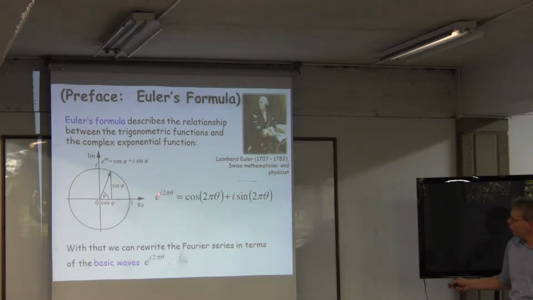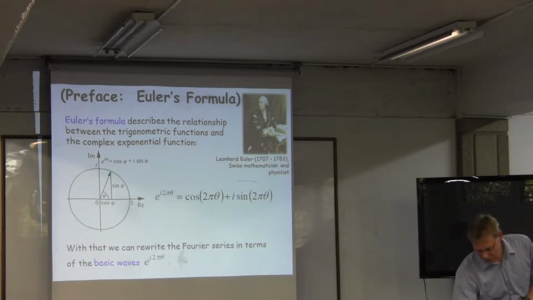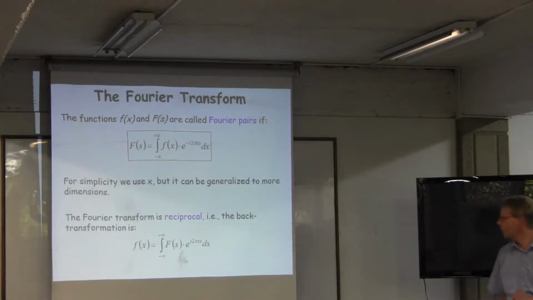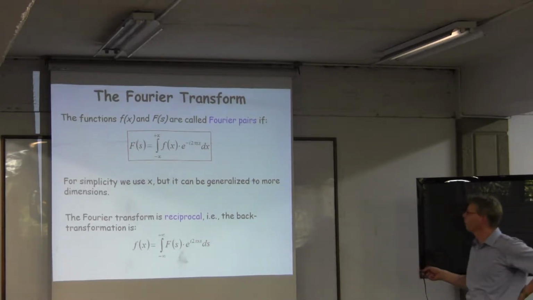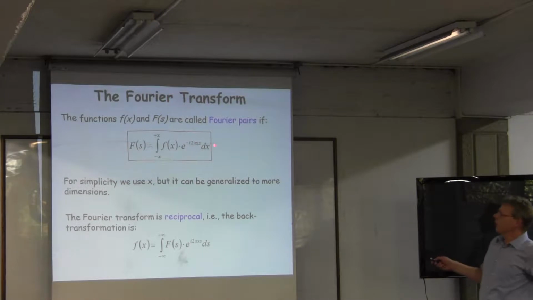So, and with that formalism here, we can rewrite this Fourier series in terms of these basic waves that are given by Euler's formula. And this is the fundamental definition of a Fourier transform.